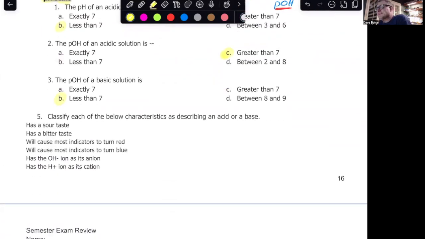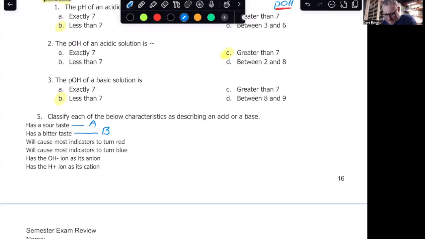Okay, characteristics. I'm going to go through this pretty quick, but these are pretty important. You should remember these. You'll probably see something like this. A sour taste is going to be indicative of an acid, whereas a base will have a bitter taste to it. So kind of like soap; think sour, like lemon, like citric acid, that kind of thing.